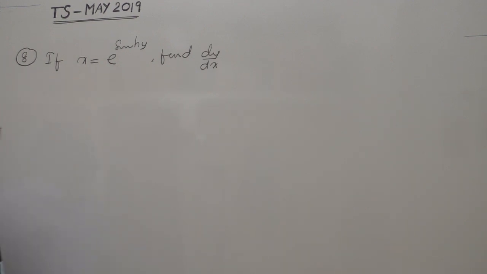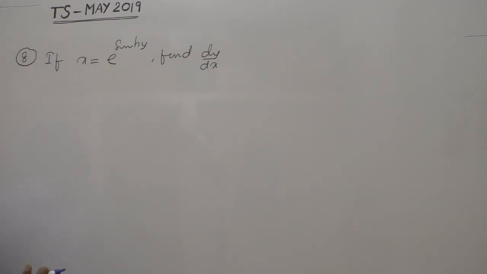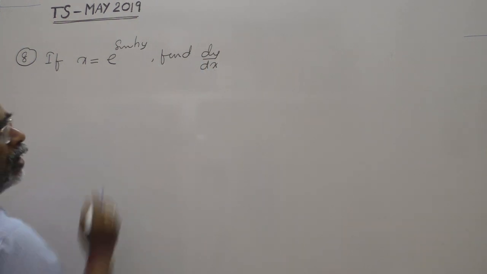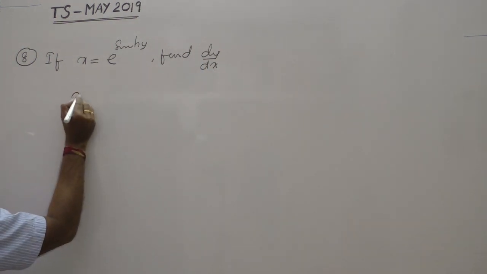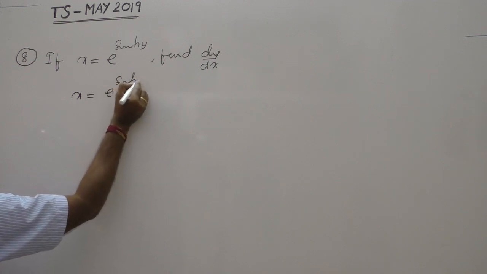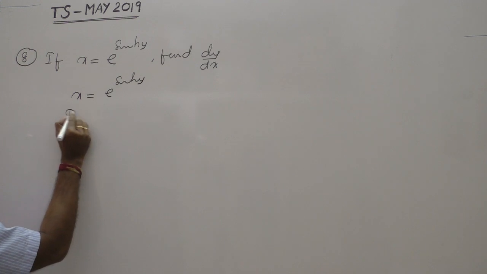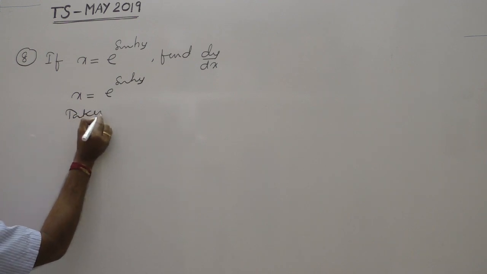Next question, number 8. Also from differentiation chapter, if x is equal to e power sin hy, then find dy by dx. So x is equal to e power sin hy. You can differentiate directly or you can take logarithm on both sides.